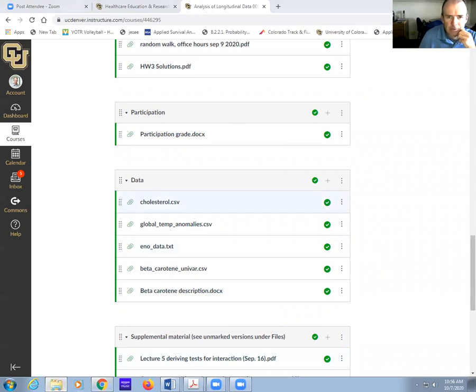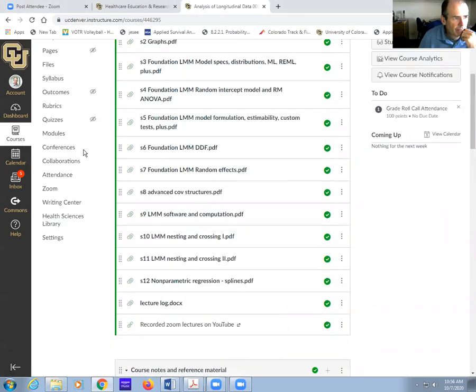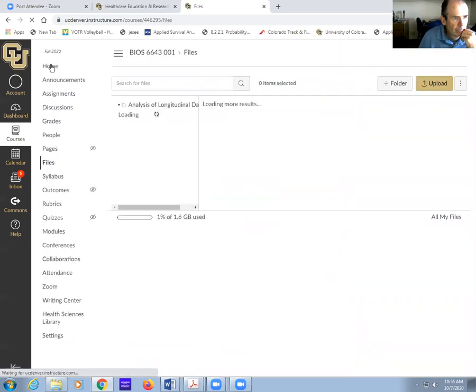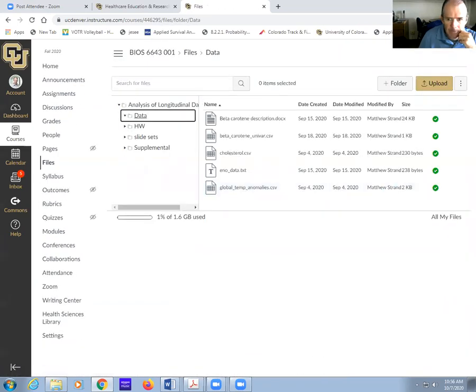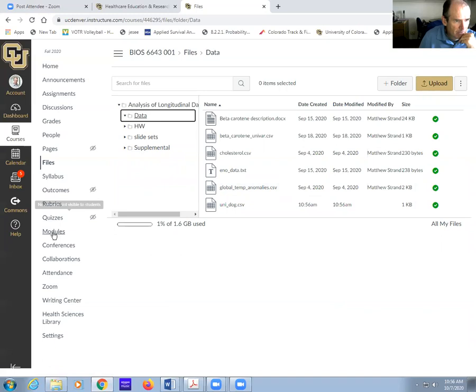So it's in files now. I'm typically trying to do CSV files or text files.